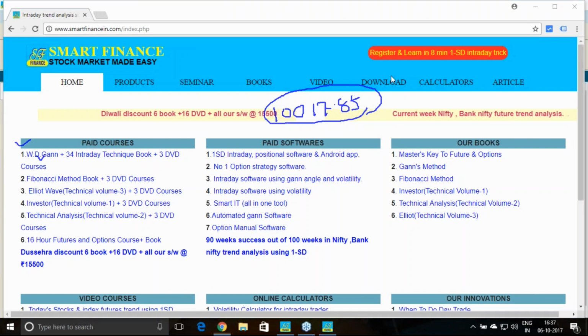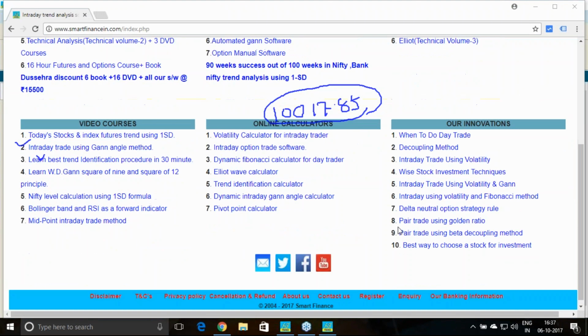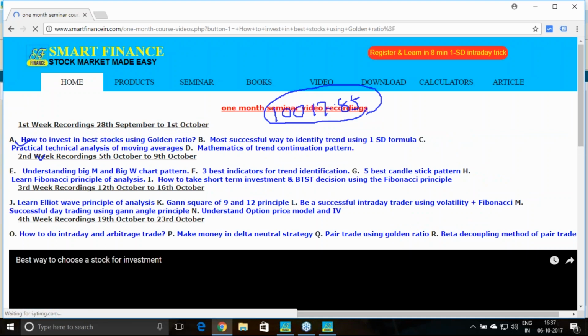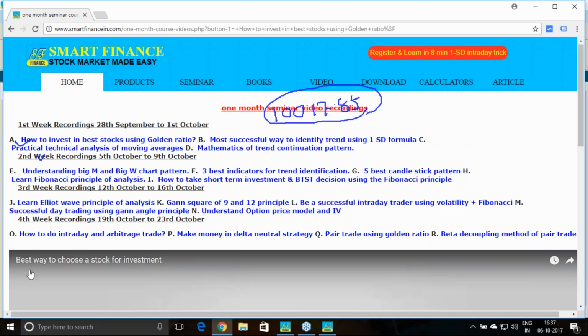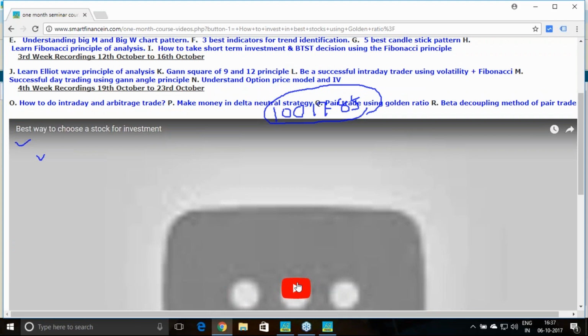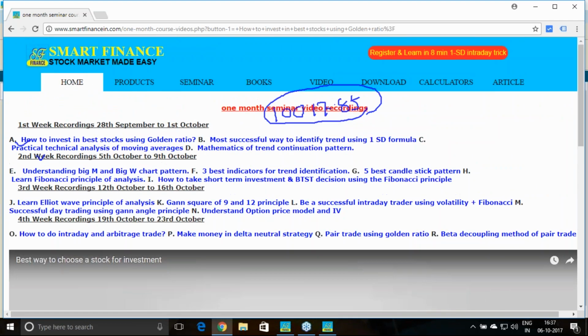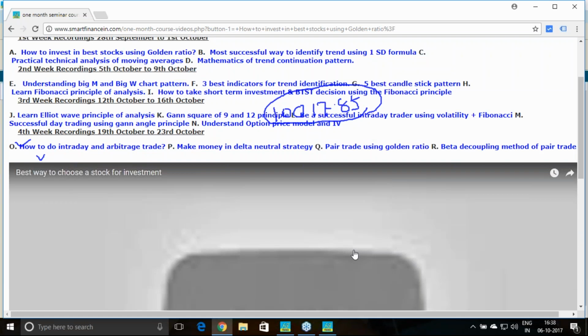If you are a visitor of our website, just go to this, and I have given a couple of videos here. Best ways to choose the stocks for investment, this is one video being given here. Just go through this video wherein I have given a different method, wherein using the ratios, Jensen's alpha, Sharpe ratio and Treynor ratio, you can choose the best stocks. 3 stocks from the same sector you have to take.